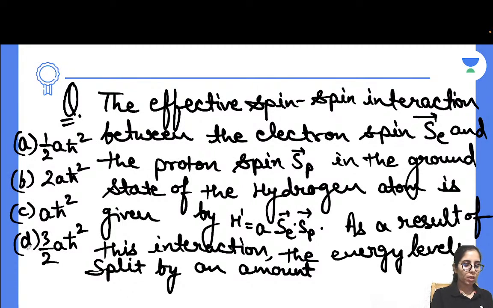Very good, Sakshi, that you have tried. Let's see what the right answer is then.